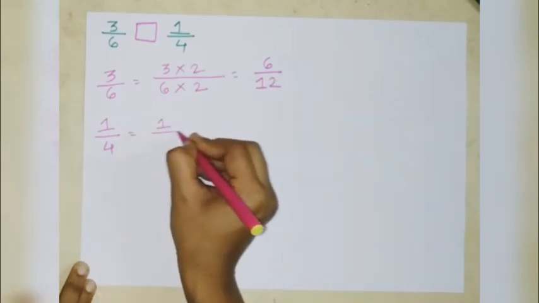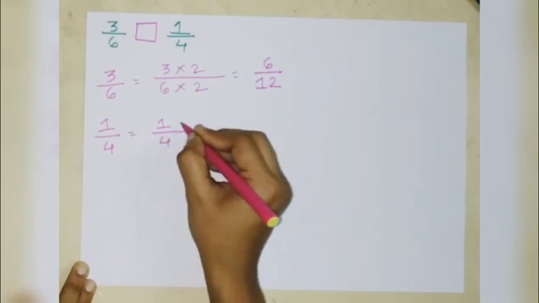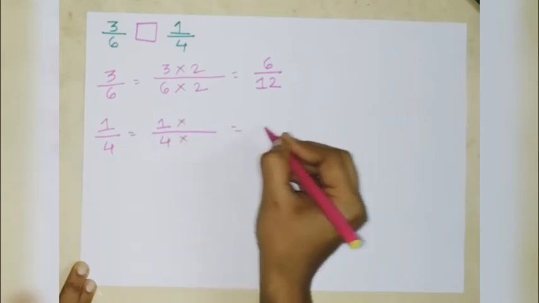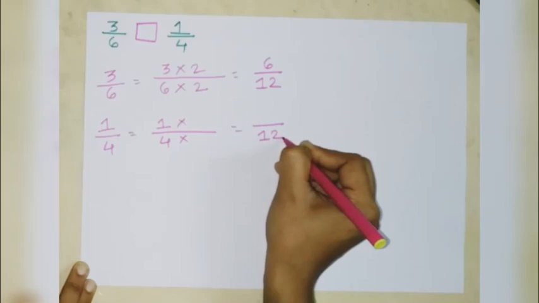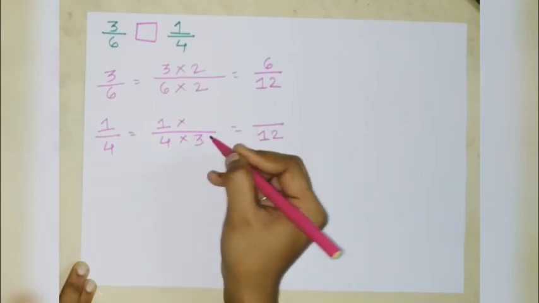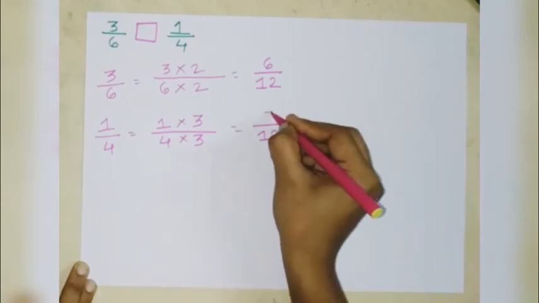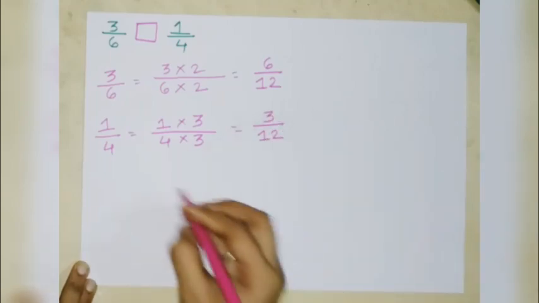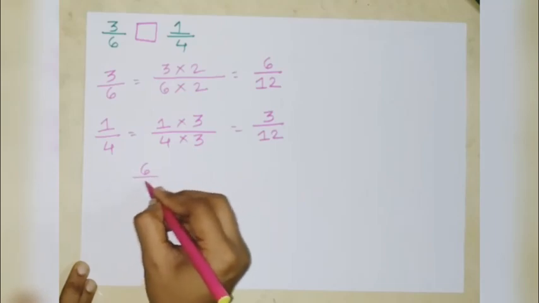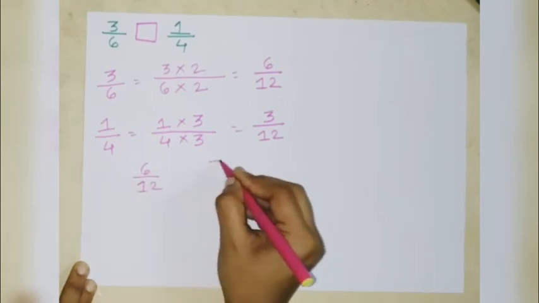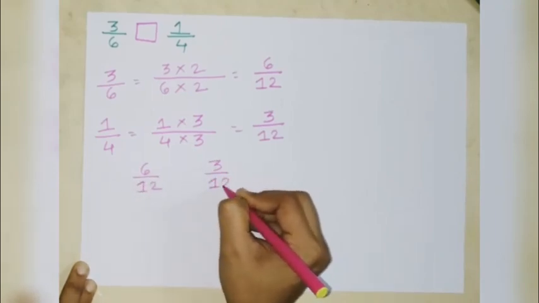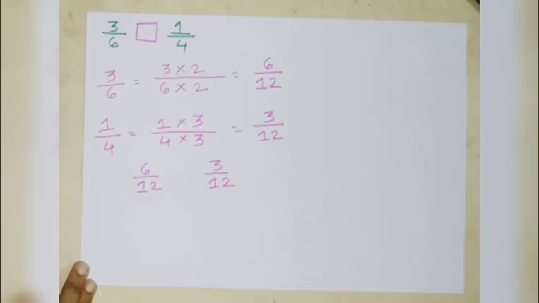Now we will convert this. Here in denominator we want 12. So we will multiply by 3. Here also we will multiply by 3. 3 ones are 3. Children, now tell me 6 upon 12 and 3 upon 12. Which is greater? Denominators are equal.